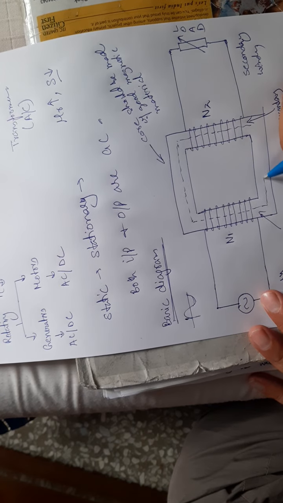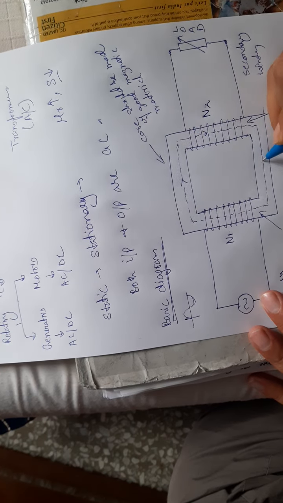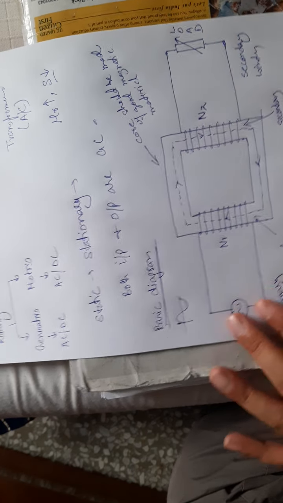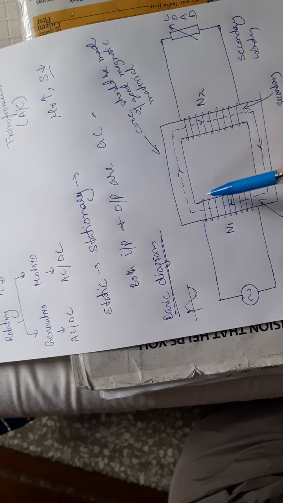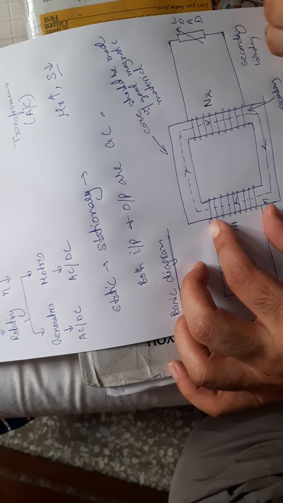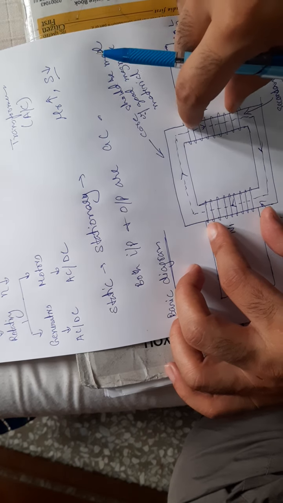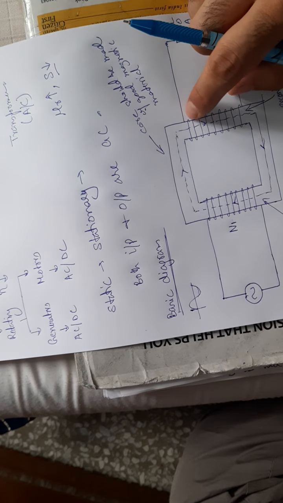The flux will move like this. Because of this changing flux, an EMF will be induced here, and the same flux will flow through the secondary winding, and it will induce EMF on the secondary side as well.